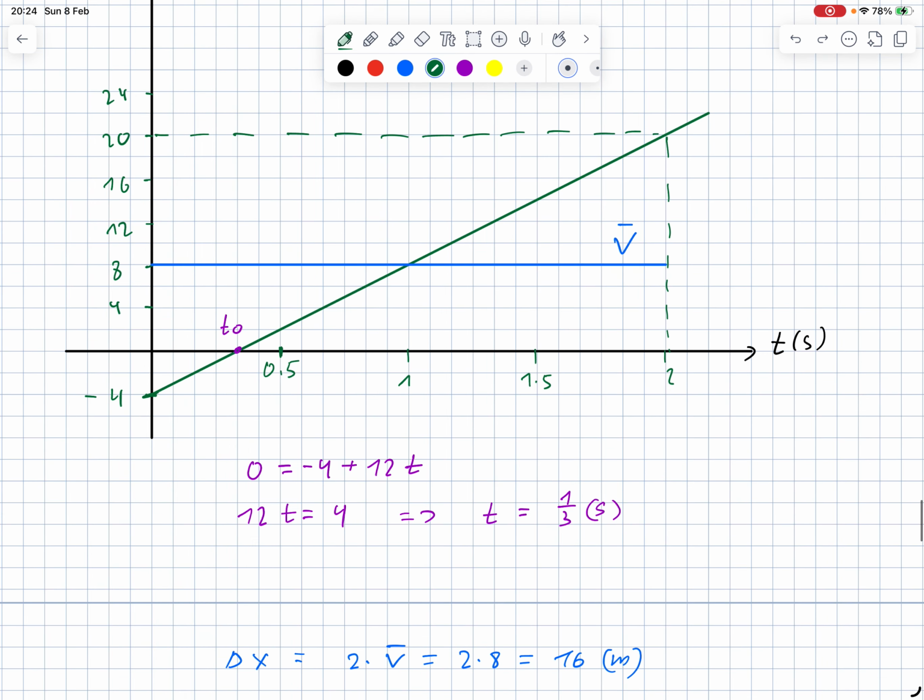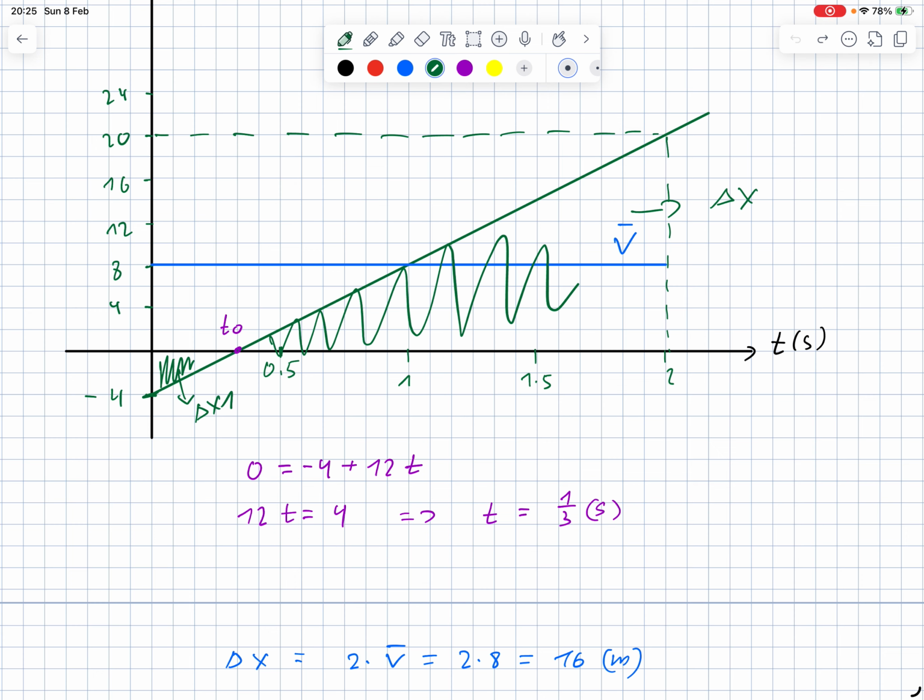So if I want to calculate the area, it will be created from two areas. This one I will call delta x1, and the second one, this one I will call delta x2, and then finally I add them.